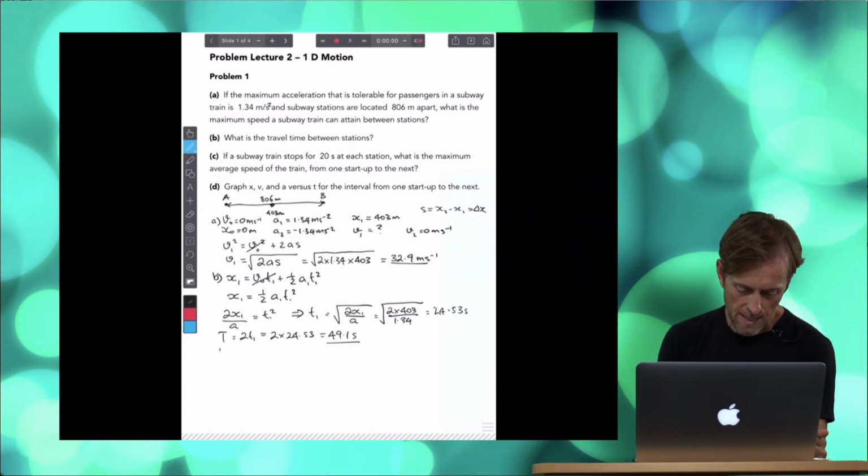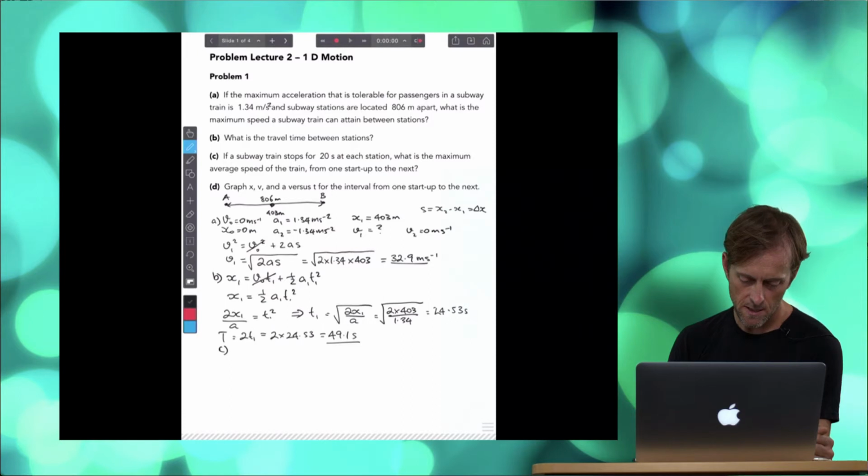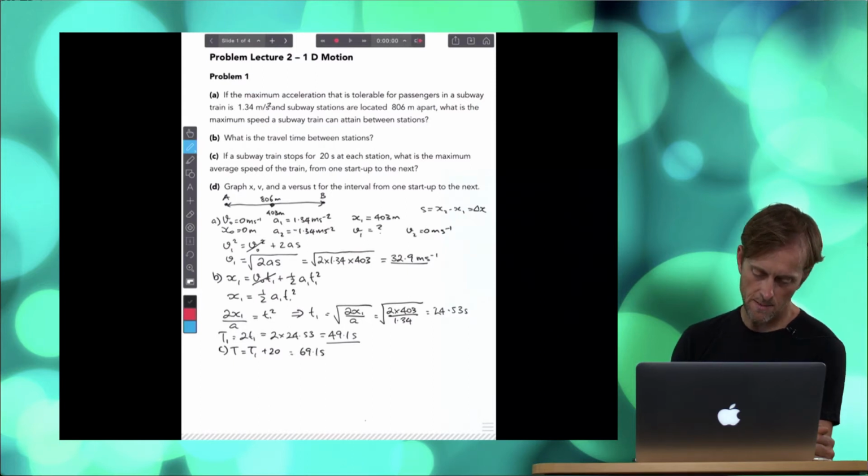Now, if we have some dead time, so question C is asking for dead time. What happens when we have dead time in the station of 20 seconds? Well, our total time then, I'll call this one capital T1 here. It's going to be capital T1 plus 20 seconds dead time. So that's going to be 69.1 seconds.